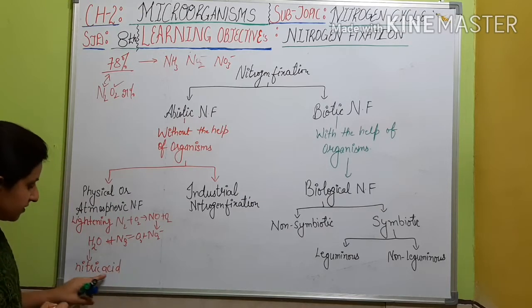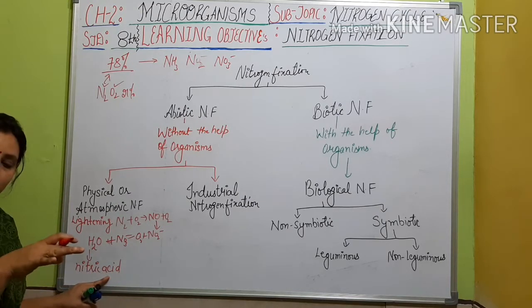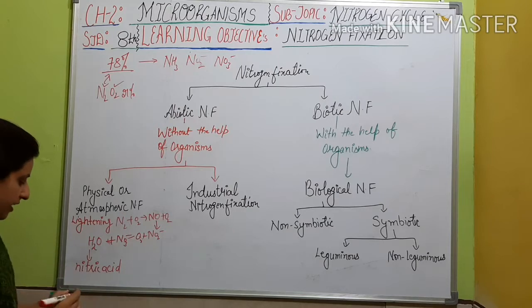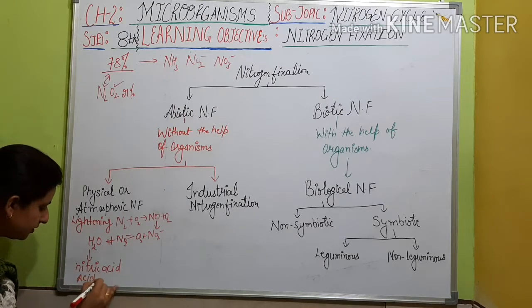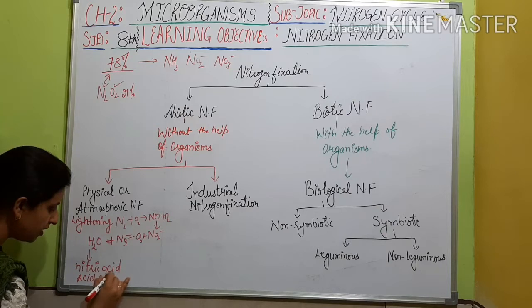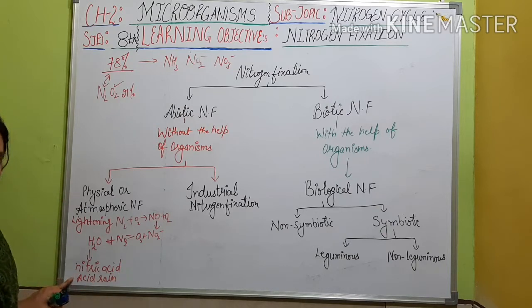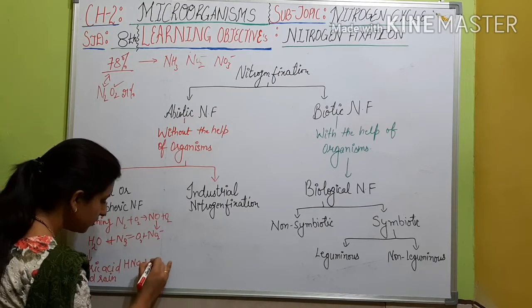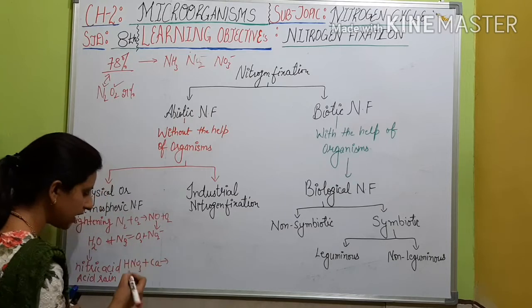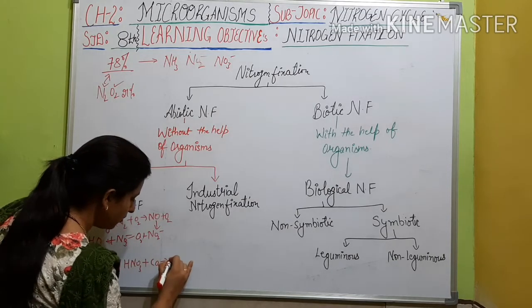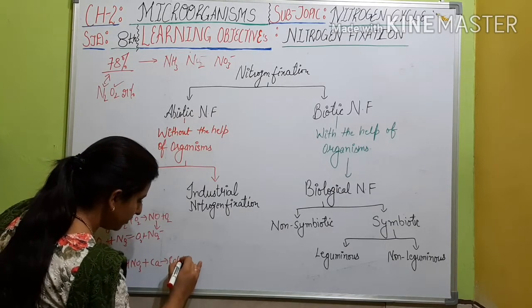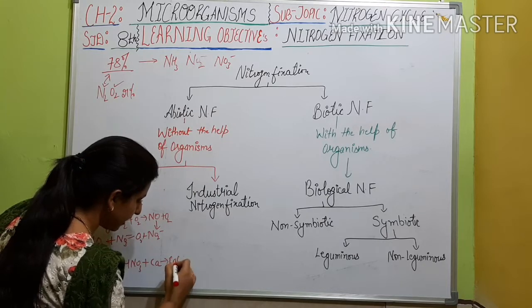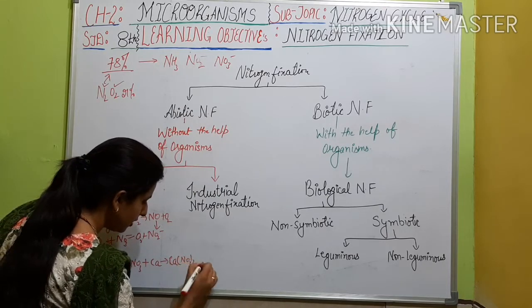Now this nitric acid comes on the earth in the form of acid rain, and when it comes on the earth, this nitric acid combines with various types of minerals, for example calcium and iron, and they form nitrates of that mineral, just like calcium nitrate.